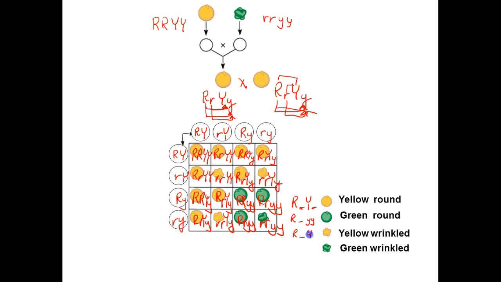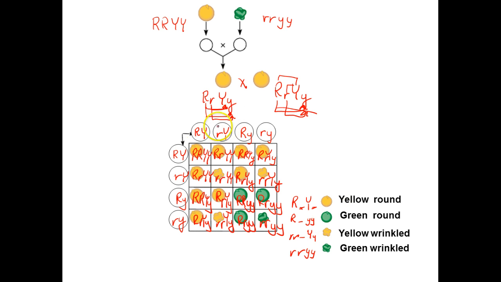To be yellow, one big Y. And to be wrinkled, oh, it has to be 2 small r's. So to be wrinkled, small r, and to be yellow, at least one big Y. And to be green, it has to have small y, and wrinkled, small r.